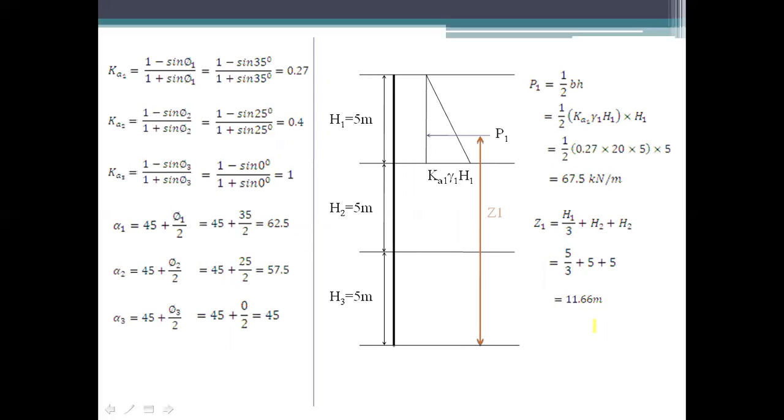So you have to calculate the 3 coefficients of active earth pressure. Ka1 is given by 1 minus sine phi 1 upon 1 plus sine phi 1, where phi 1 is 35 degrees.